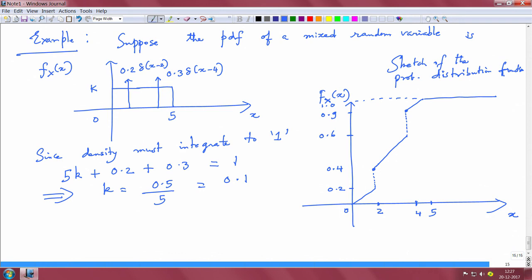So, I think this gives you an idea. At these two points it is discrete, and at these other points it is continuous.